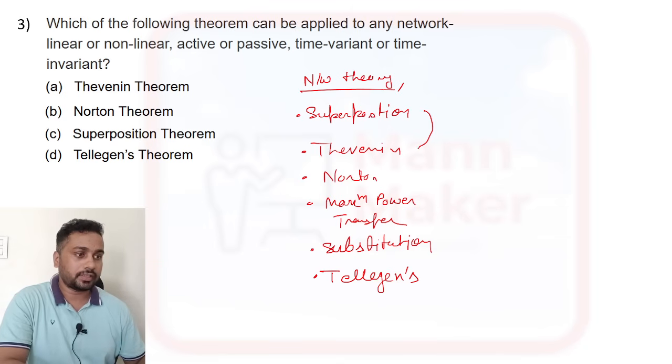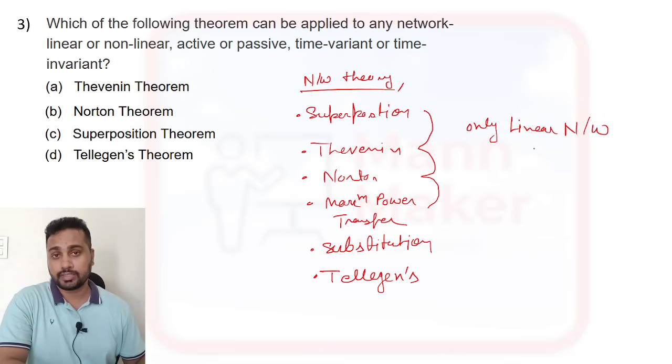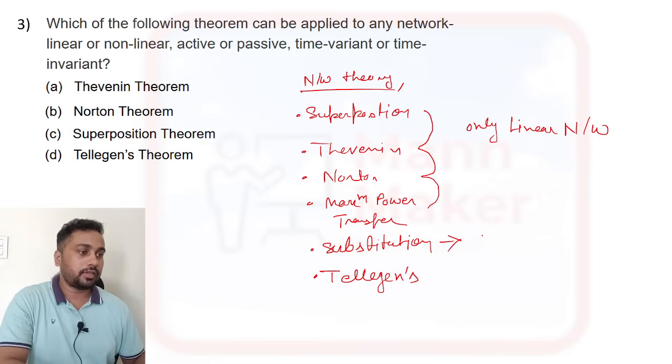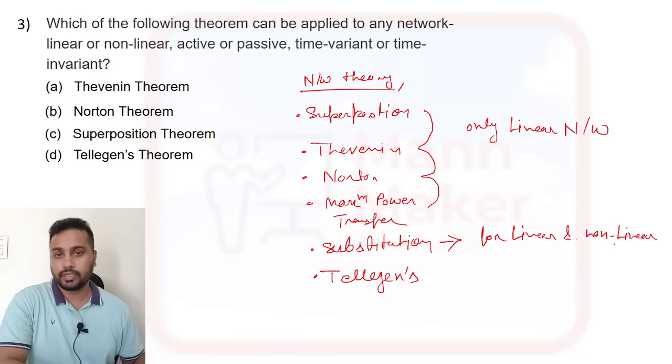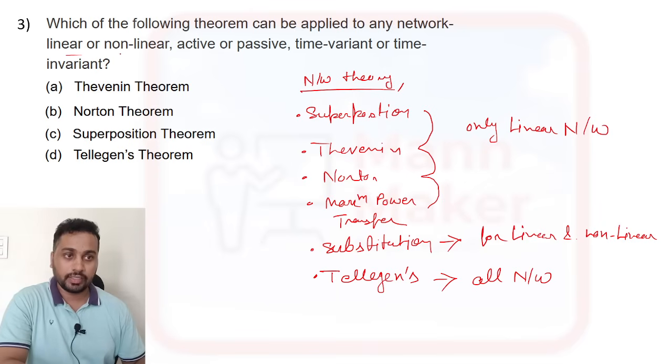Superposition, Thevenin, Norton and maximum power transfer theorems can be applied only to linear networks. The substitution theorem is applicable for linear and non-linear networks. Tellegen's theorem is applicable for all kinds of networks, meaning linear, non-linear, active, passive, time variant or time invariant.